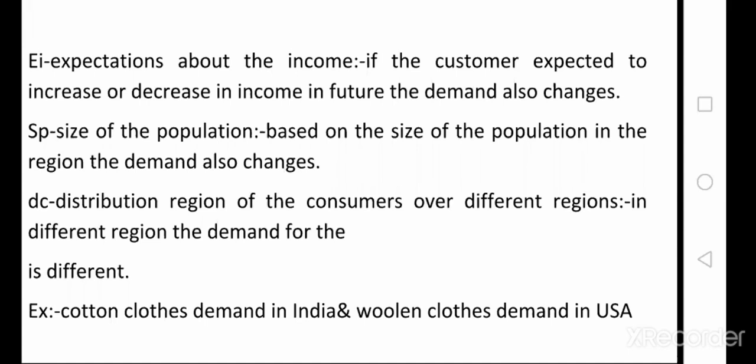But in the USA and other countries the climate is very cool, so they give preference to woolen clothes. So depending upon the region's climatic factor, the demand for the product changes. Cotton clothes demand is high in India and woolen clothes demand is high in the USA. So the distribution region of the consumer over different regions is also one of the determinant factors of demand.